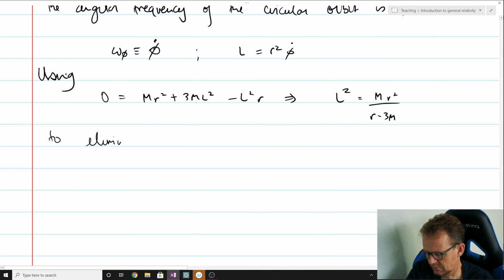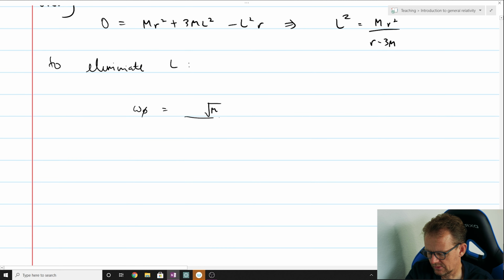And the angular momentum we can eliminate with the equation above, which determines the zero of the circular orbit, the stable circular orbit, and then we work out that the angular frequency is this particular ratio here involving R plus.